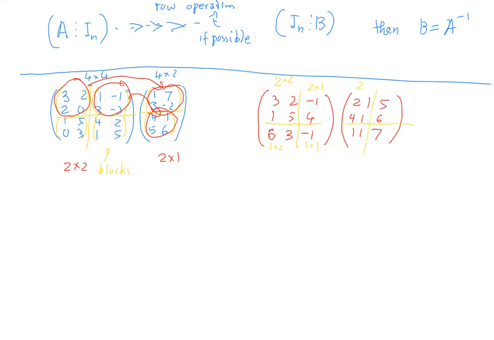The reason I want a similar partition is because I want the things to actually make sense. Otherwise, if I partitioned it in some other way, then I could not form the corresponding product. So let's see what will happen if I take this matrix and multiply it by this matrix. This is a 2x2 times another 2x2. What is it going to give me? A 2x2.